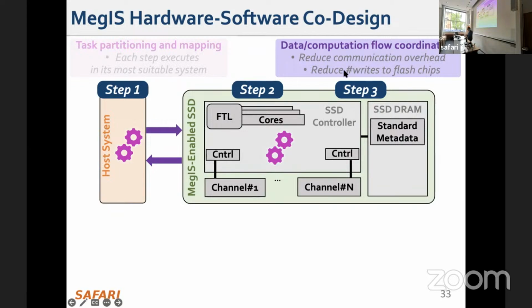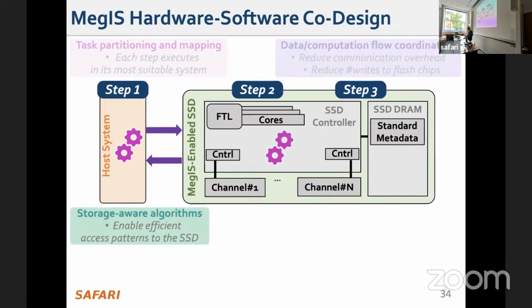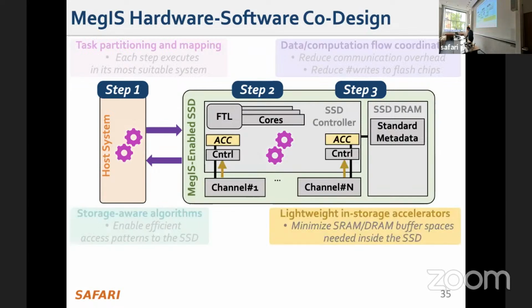But basically, you want to reduce writes to flash chips when you coordinate this data flow and also change the algorithms. There are also storage aware algorithms to enable efficient access patterns to the SSD, minimize random access as much as possible, and maximize streaming accesses because they're faster, as we talked about. Also, to accelerate computation, we have some hardware accelerators, which you will read about when you read this paper.